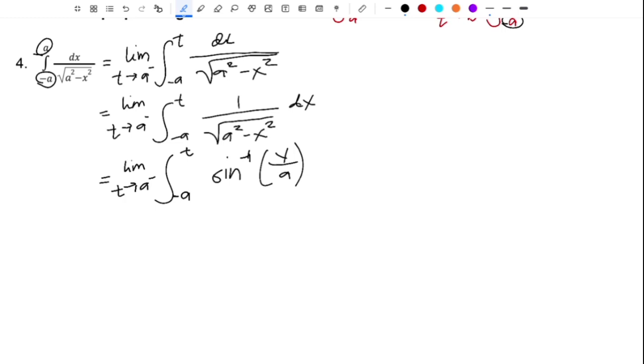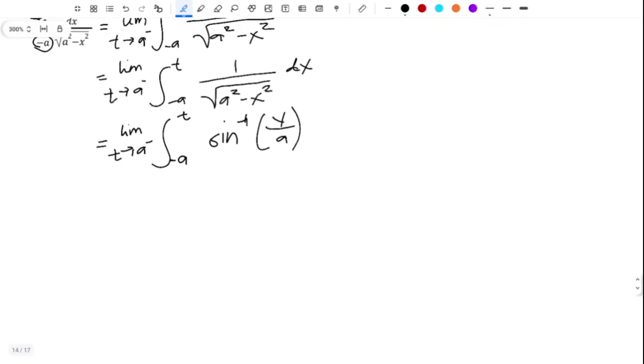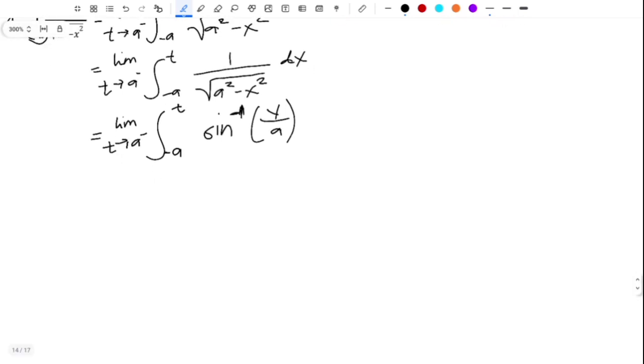That is our inverse trigonometric function.